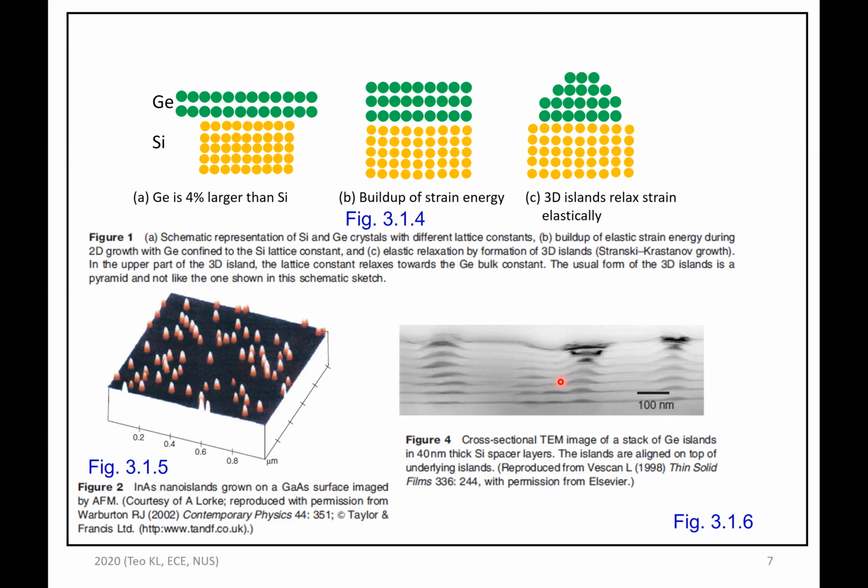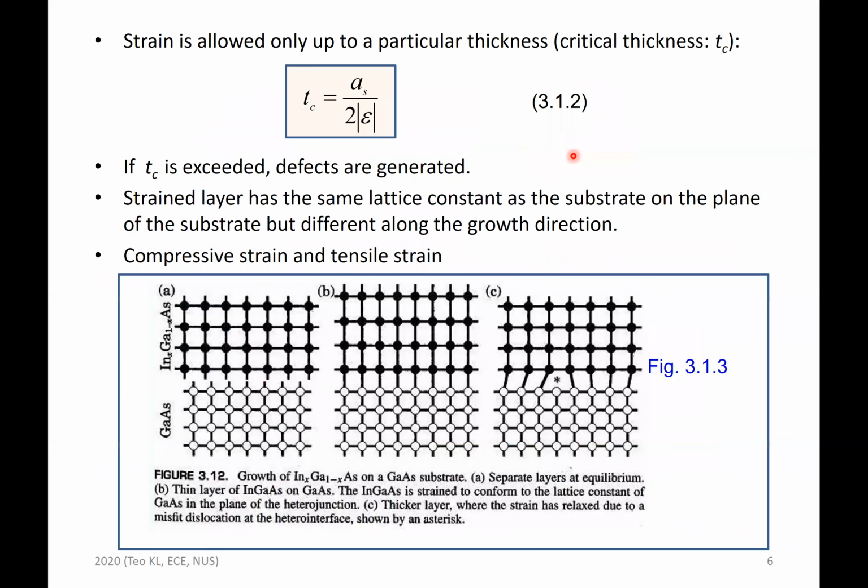Basically the model has shown that for moderate misfit or moderate film thickness, the strain can be maintained in small islands. So after you grow, it tends to form an island on the substrate, even well beyond the critical layer thickness that we have calculated in this equation.